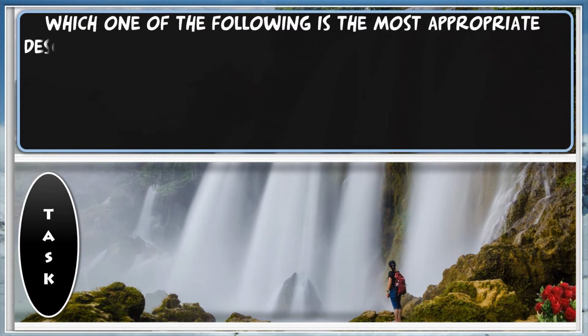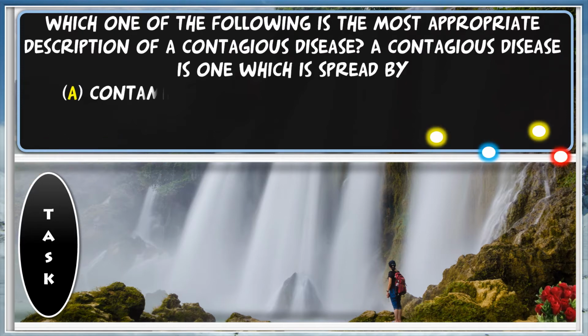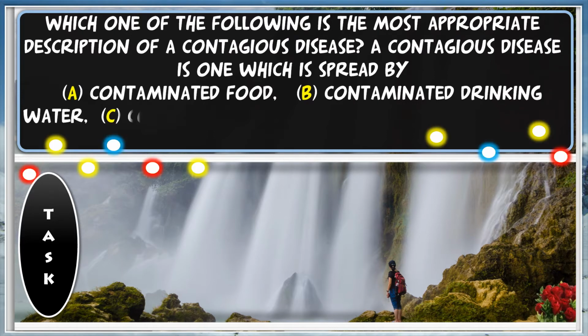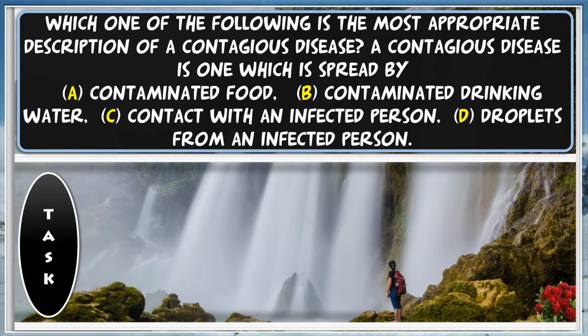Which one of the following is the most appropriate description of a contagious disease? A contagious disease is one which is spread by A. Contaminated food. B. Contaminated drinking water. C. Contact with an infected person.